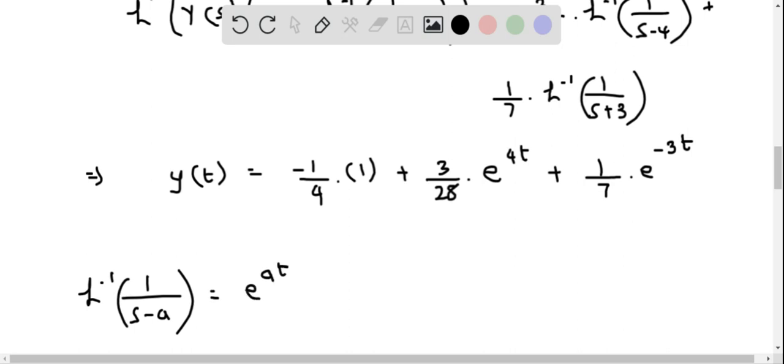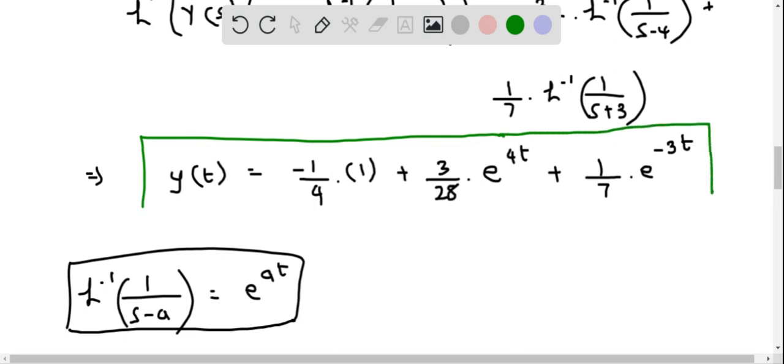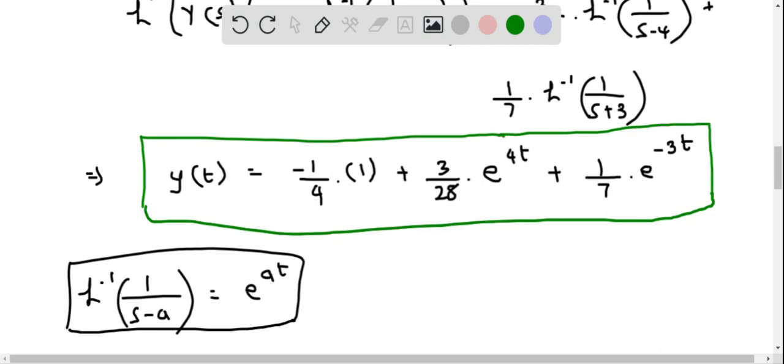So this is the formula that we use to find the Laplace inverse of the two terms, so that we get e power 4t and e power negative 3t. And thus we have found the solution of the initial value problem, that is, y of t equals negative 1/4 plus 3 by 28 e power 4t plus 1 by 7 e power negative 3t.